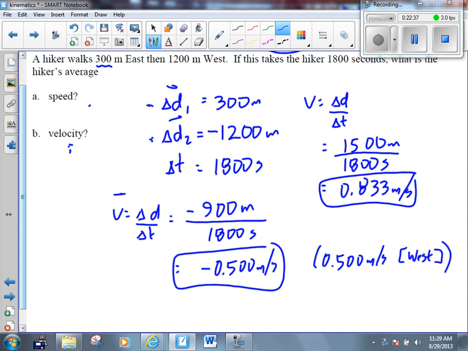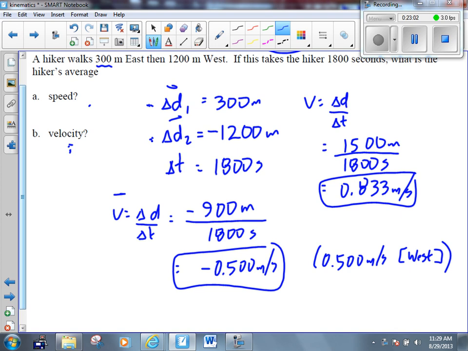This time, my speed and velocity are different. Can anybody tell me why? Just a few quick words. Why is the speed and velocity different? But in the last question, it was the same, besides the fact that the velocity had direction. On the last question, the direction was the same. Good, excellent. In the last question, we didn't change direction. In this question, we did.